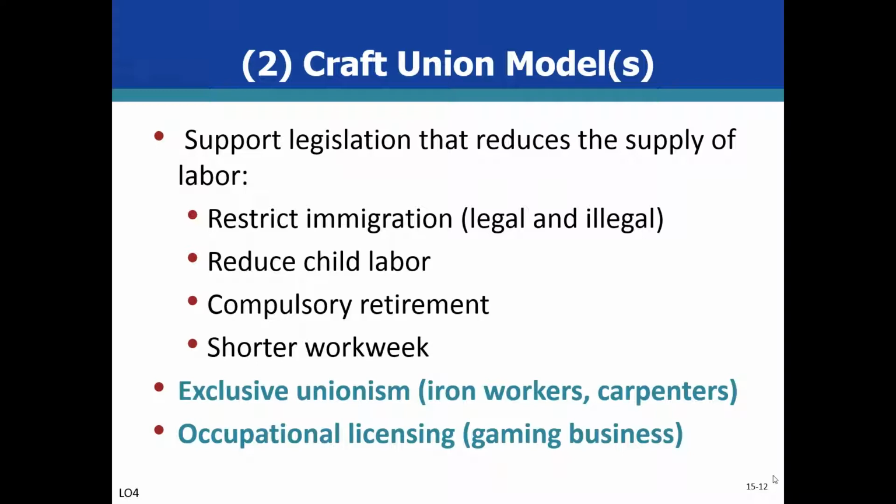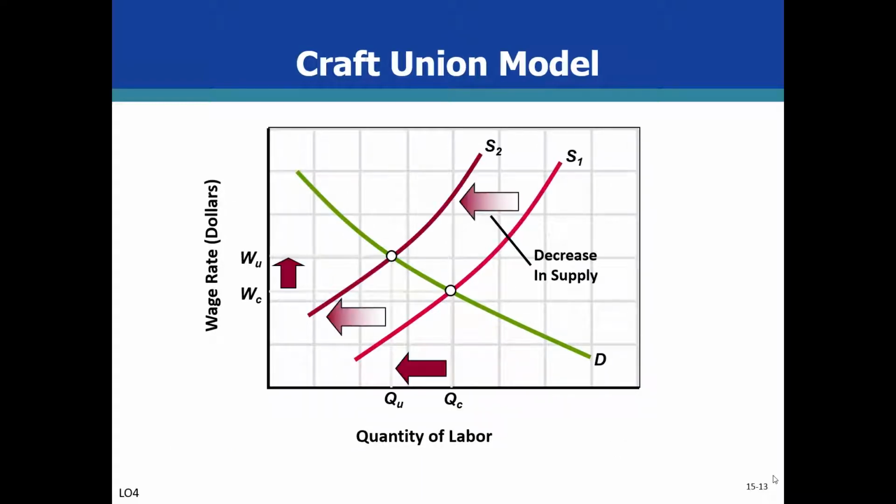On the positive side, these types of entry requirements and licensing restrictions protect consumers by ensuring a certain level of quality. Craft unions are always looking to shift the supply curve to the left and keep wages higher than in a competitive market.